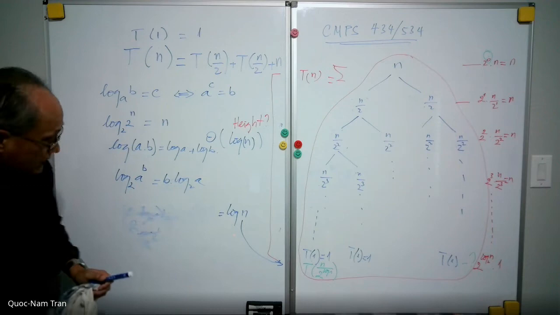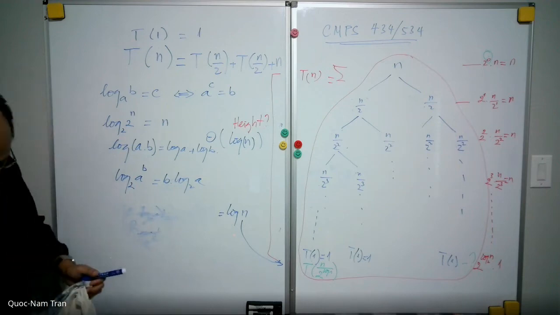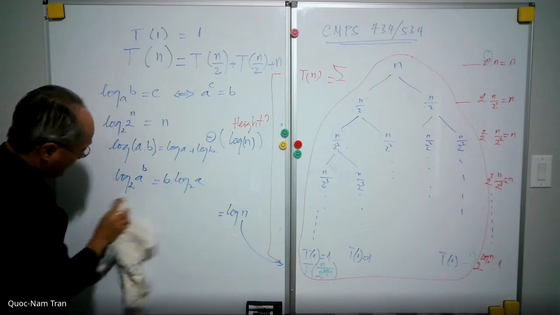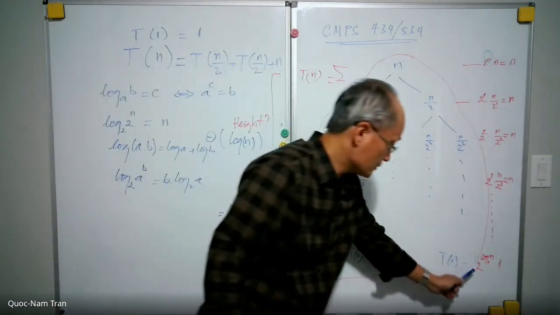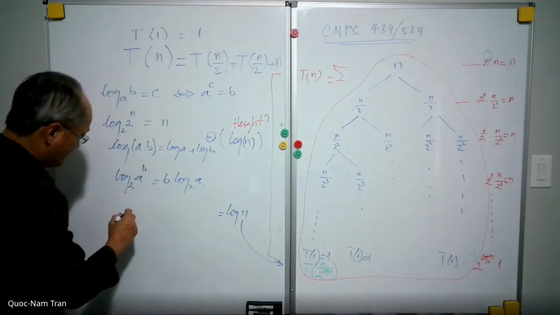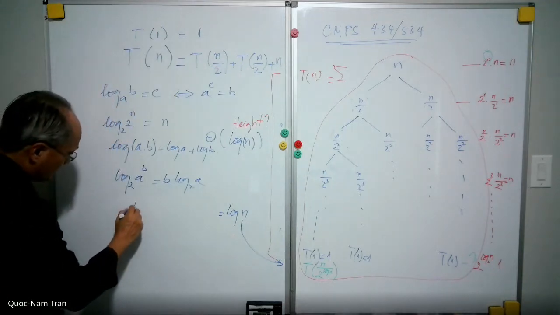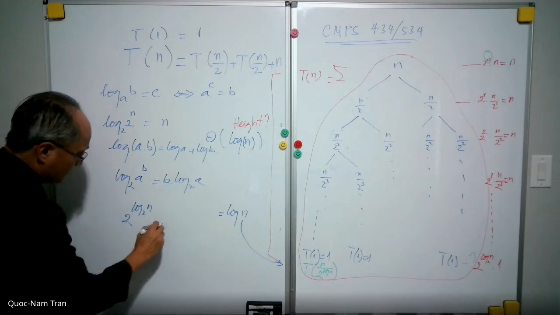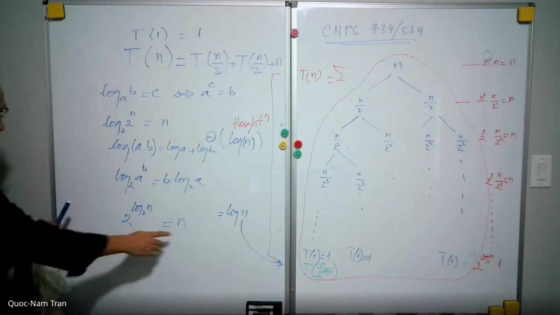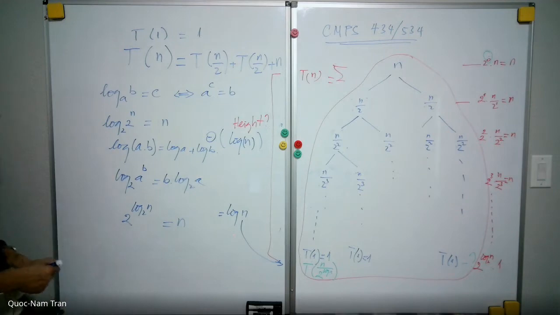The last one we want to remember is this formula: 2 power to the log 2 of n is n, right? Why do we have this?